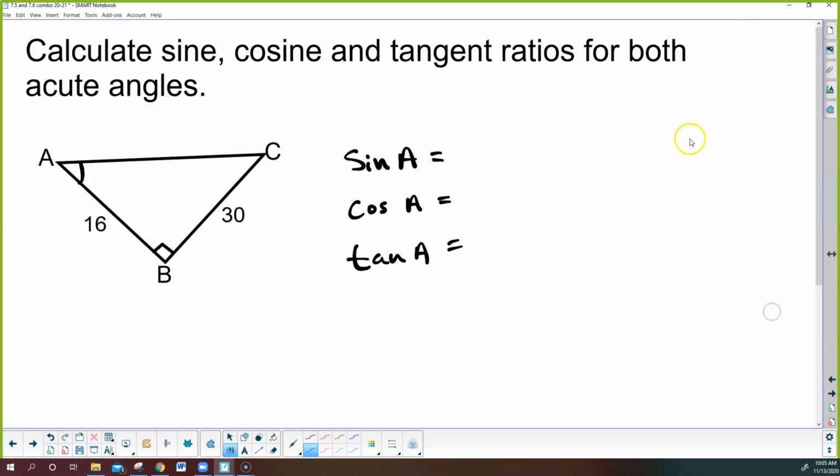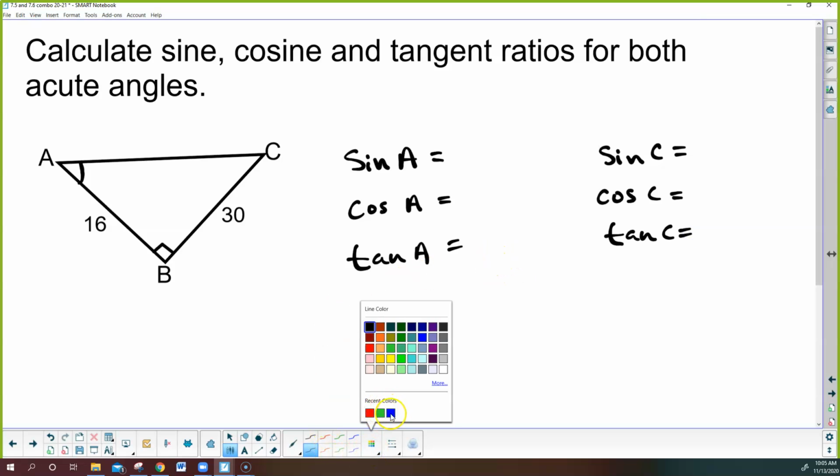So I have to do that for A, and then I have to do it again for C, because that's the other angle. So notice how this is the same thing we just talked about. I don't think we need to write this, but we have one tiny problem.